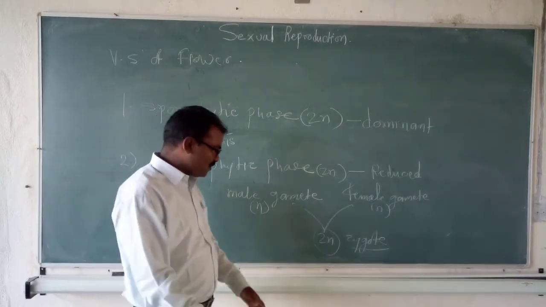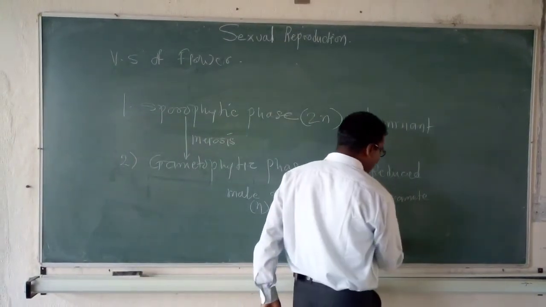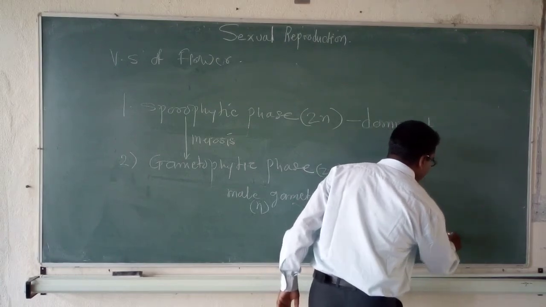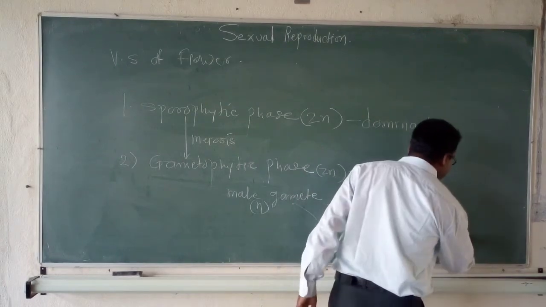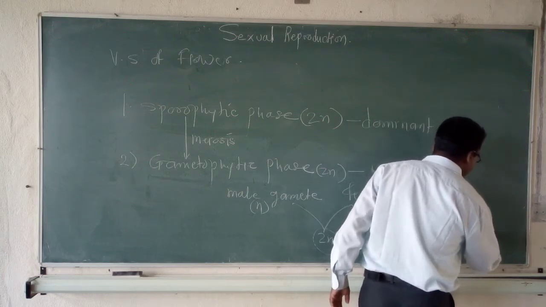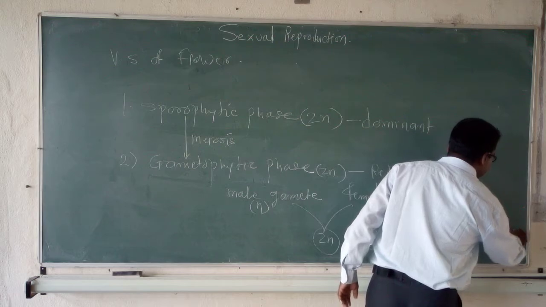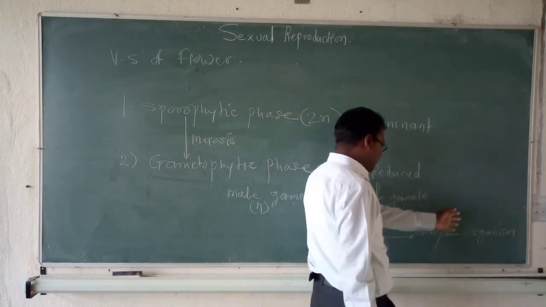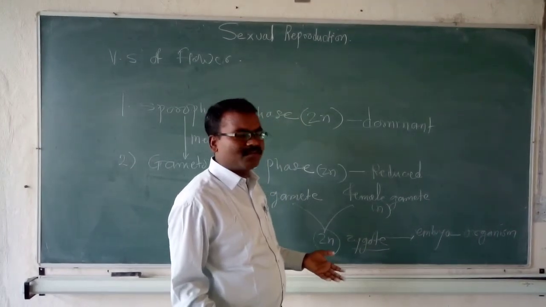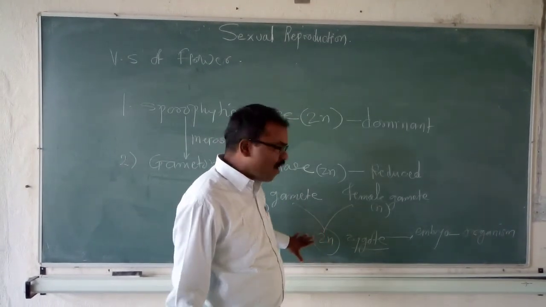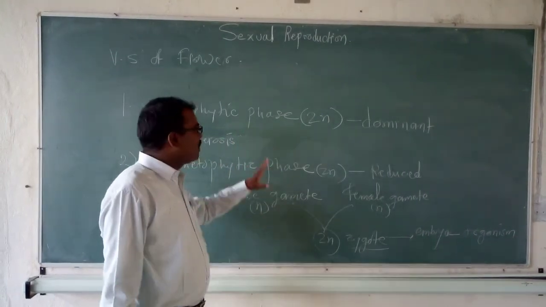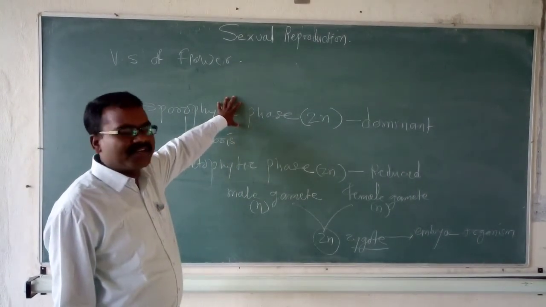The zygote undergoes development into an embryo and then an organism, that means the plant. In the diploid plant, root, stem, leaves, flower, fruit and seeds are present. All these structures are included under the sporophytic phase.